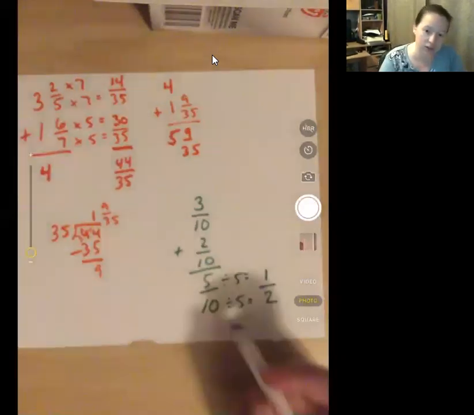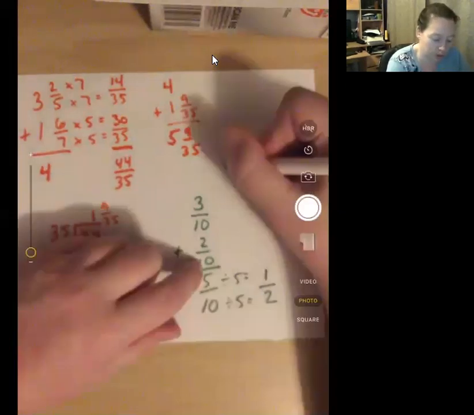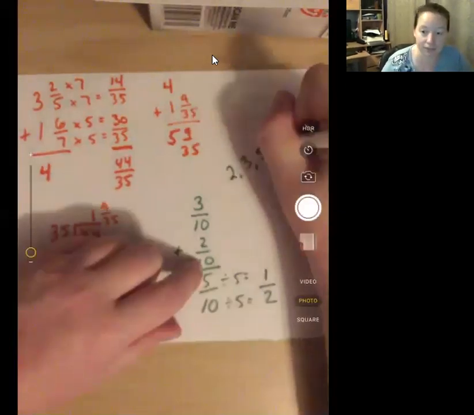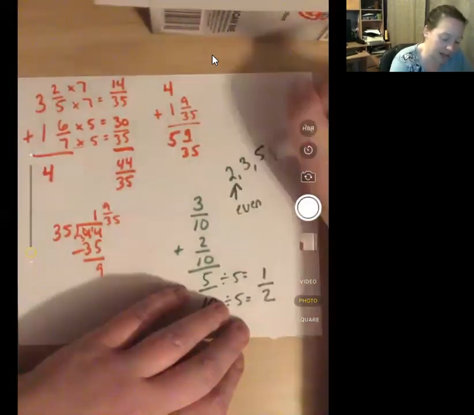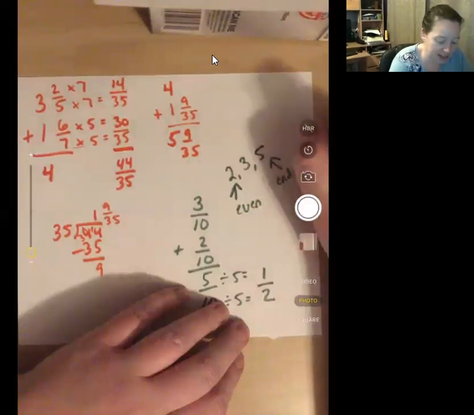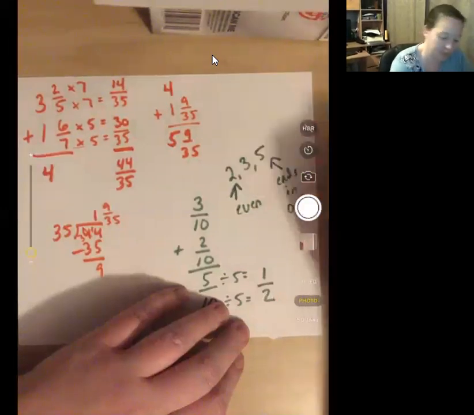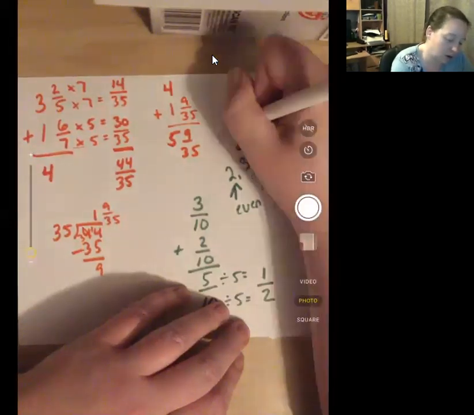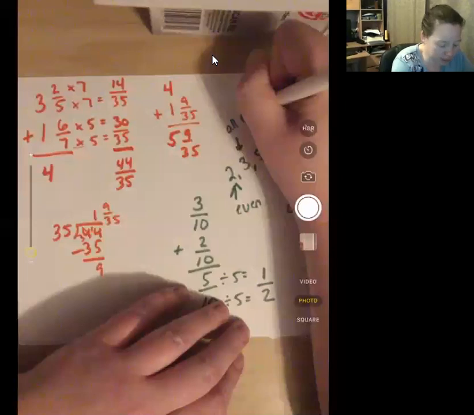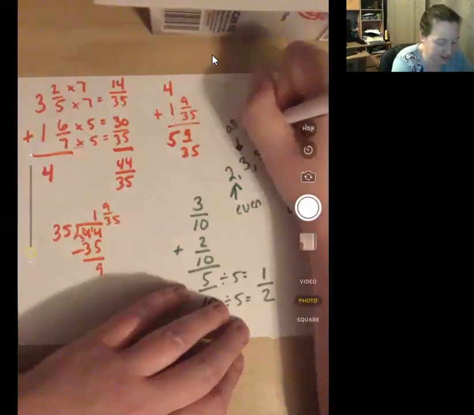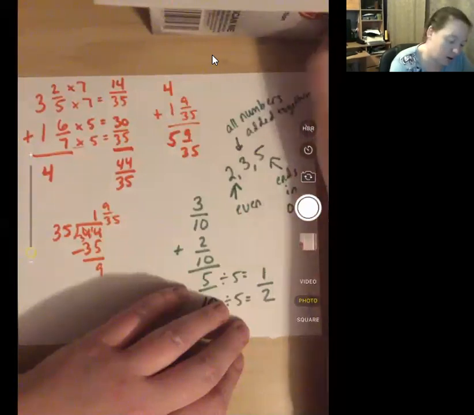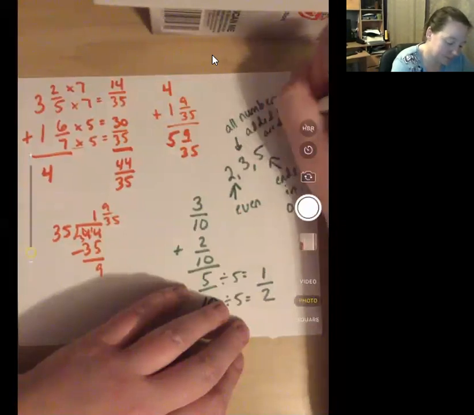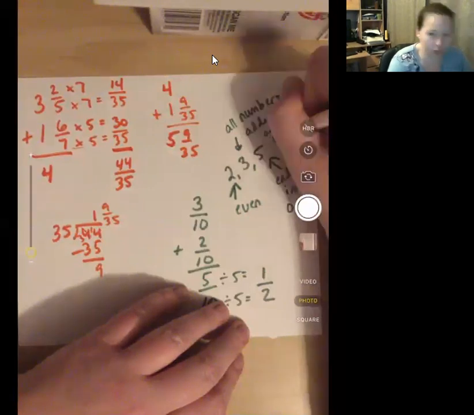Your options for this are 2, 3, and 5. 2 if it's even, 5 if it ends in 0 or 5, and 3, if all the numbers added together are divisible by 3.